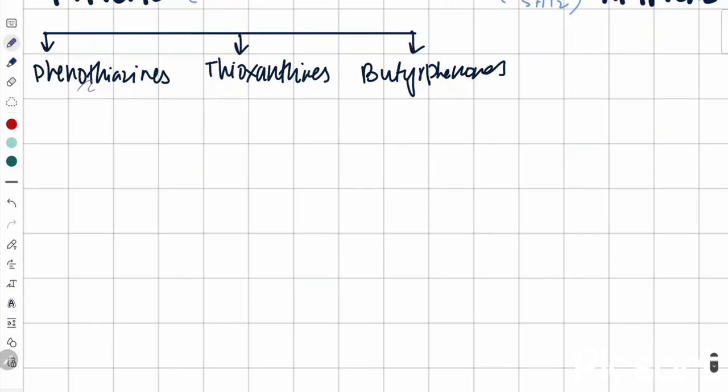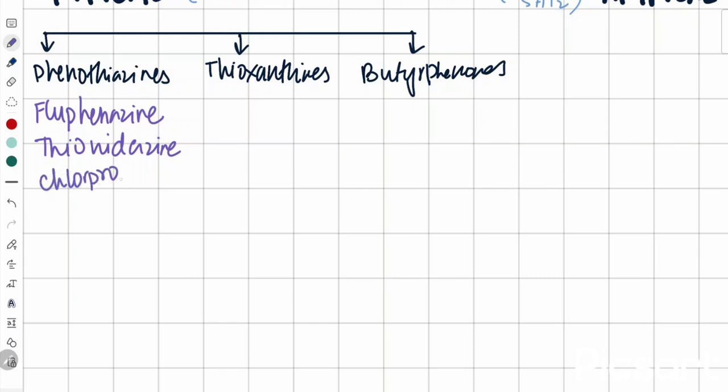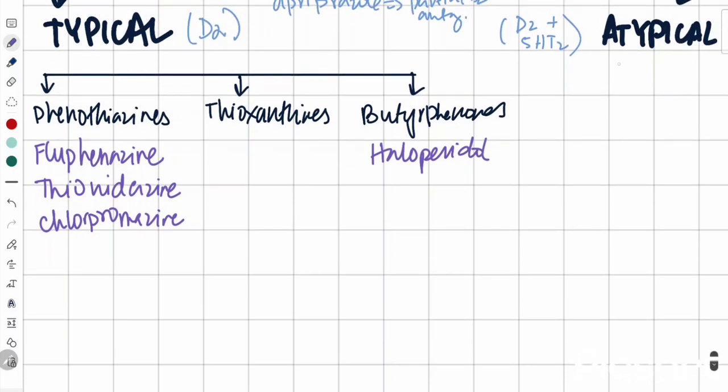Phenothiazines are fluphenazine, thioridazine, and chlorpromazine. Thioxanthines, then butyrophenones, they are haloperidol. I don't have an example for thioxanthines, and I don't want to think right now.